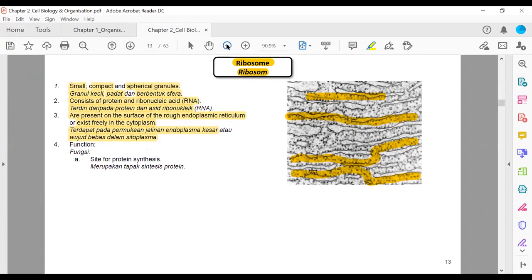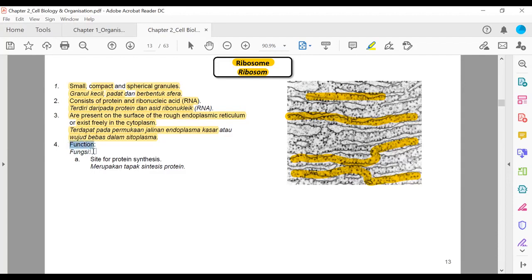Satu, it is found attached on the surface of RER, terdapat melekat pada permukaan jalinan endoplasma kasar ataupun exist freely in the cytoplasm ataupun wujud secara bebas terapung di dalam cytoplasma. So they can be found at two places, di atas RER ataupun bergerak secara bebas dalam cytoplasm.